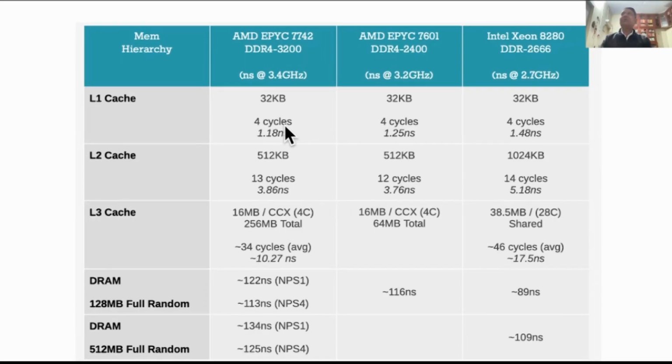So we have 3 gigahertz, so 0.3 nanosecond multiplied by 4 will give you 1.18 nanosecond. So with 3.4 gigahertz, you can compute in terms of time: 1 by frequency is time, and multiply by 4 will give you that. Now L1 cache is the fastest.